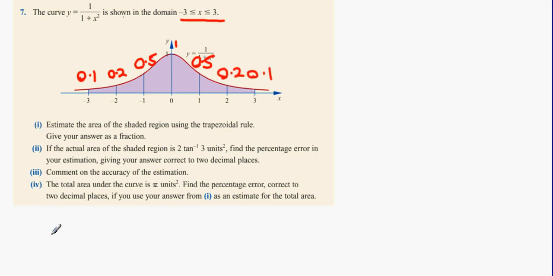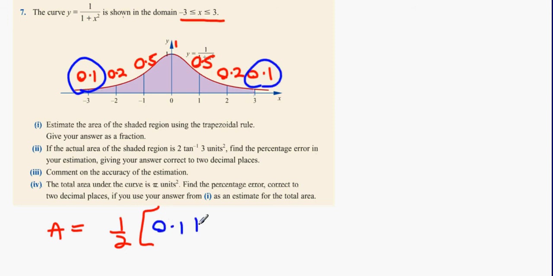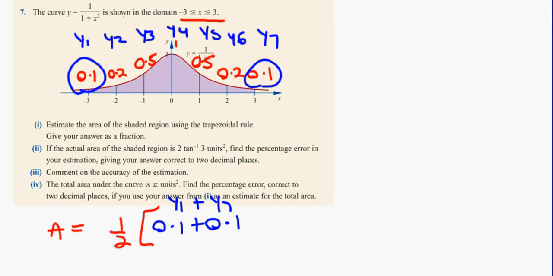We're going to use the trapezoidal rule, which is a half, the first plus the last. So remember, the first one is 0.1, the last one is 0.1. So first plus last is 0.1 plus 0.1, or basically y1, y2, y3, y4, y5, y6, y7. It's y1 plus y7. Okay?